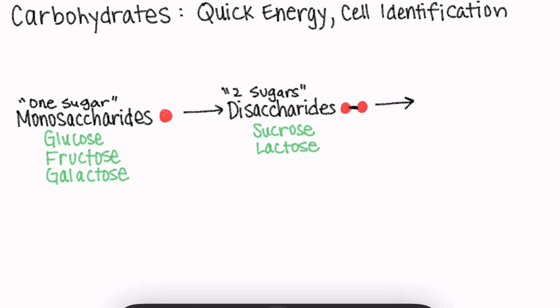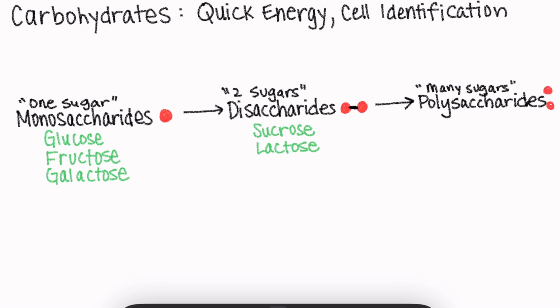And if many more are put together like this with covalent bonds linking them, you can form polysaccharides. And polysaccharides means many sugars.